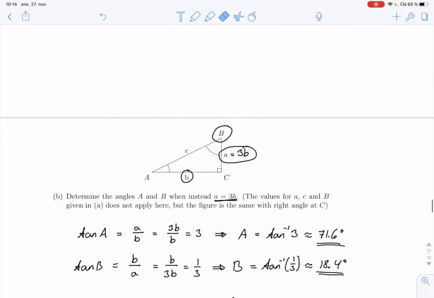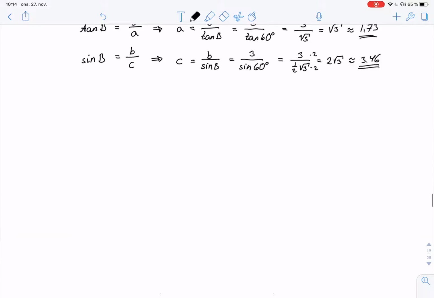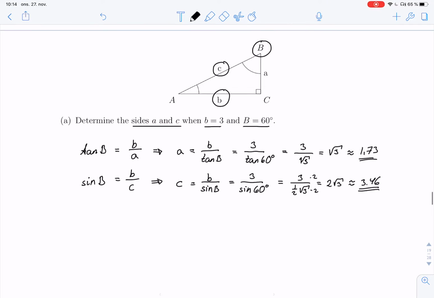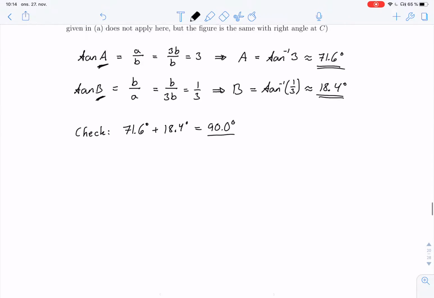And in the same way, you could also use the angle A to find angle B by simply subtracting from 90. Here also you can check, because A squared plus B squared should be C squared according to Pythagoras. That's a good way to check.